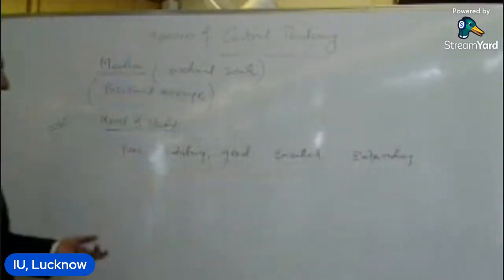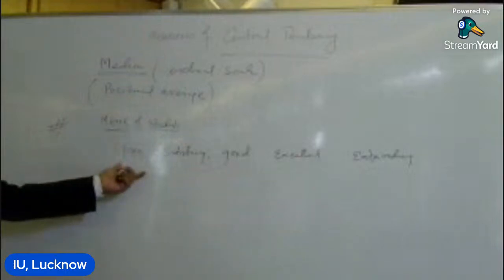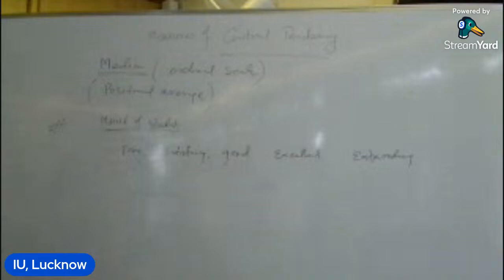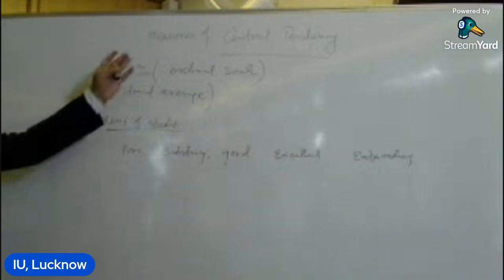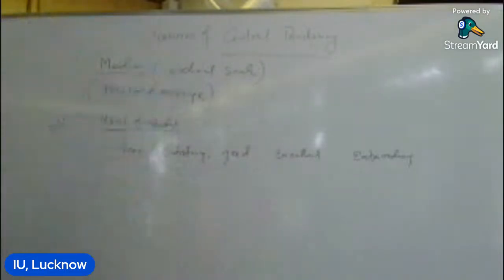Since these are qualitative values, we cannot use the arithmetic mean directly. So we have to use the median, and median is the mid value of this arranged observation. So what is the average student of this classification of the students?